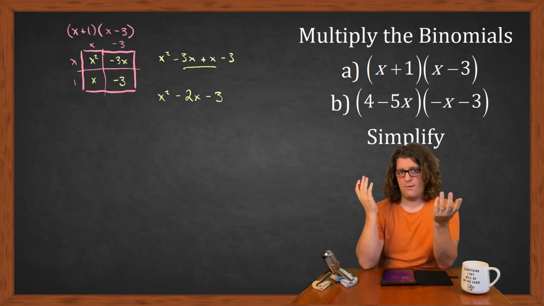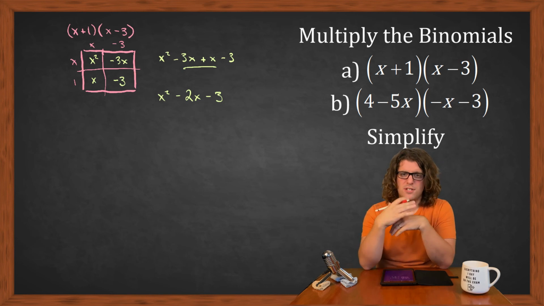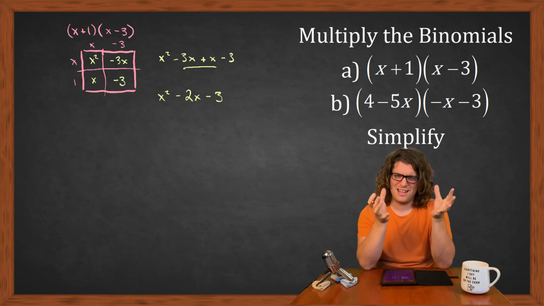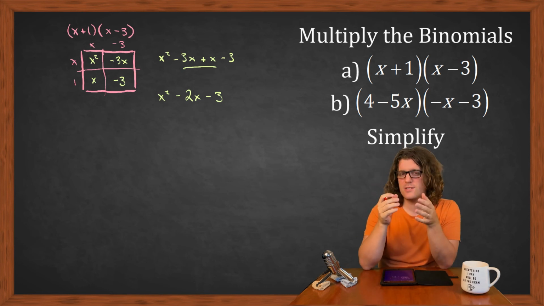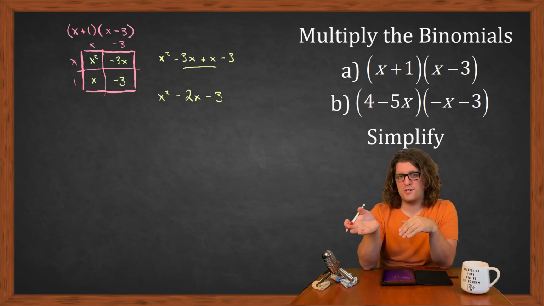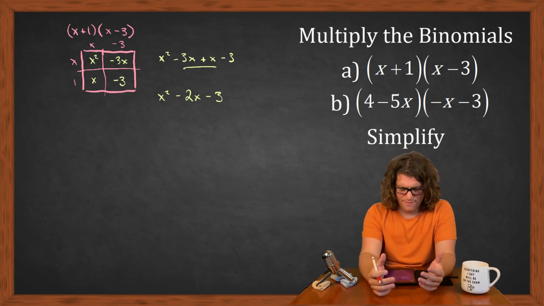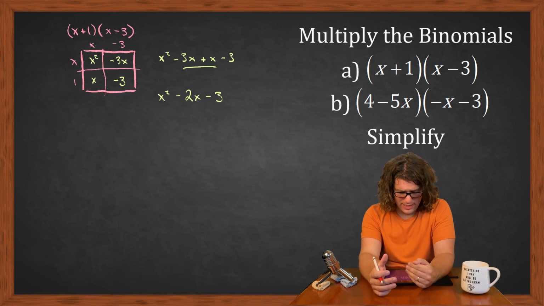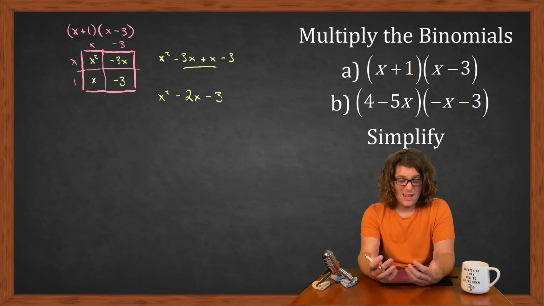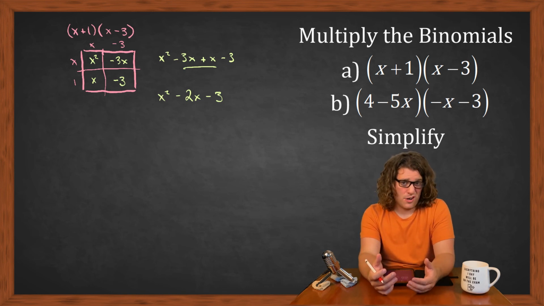So that would be how I would do that first one if I was showing you this kind of box method. The box method is a little bit of a departure from how we used it last time, though, because it doesn't correspond with an area model very well. Because of that, we basically get this idea that it's just a nice graphic organizer.